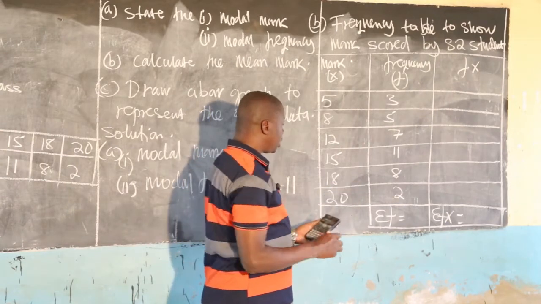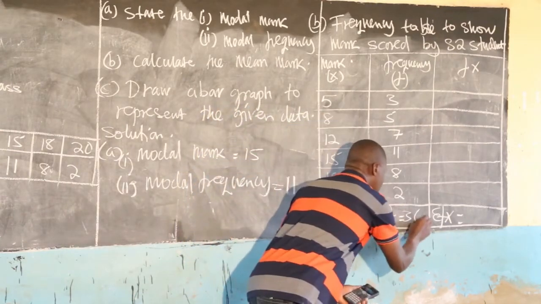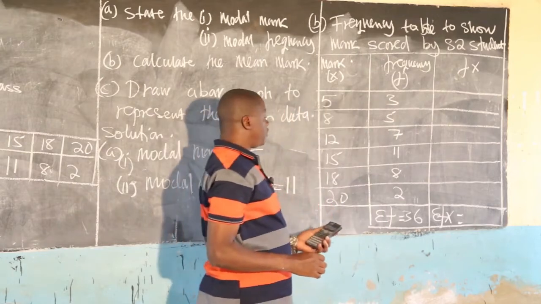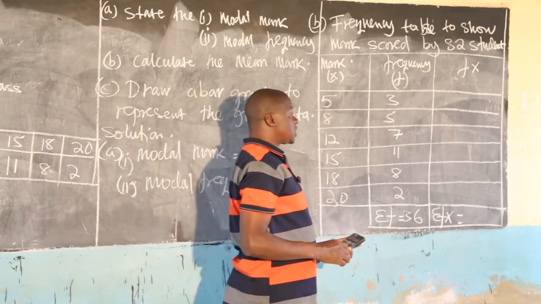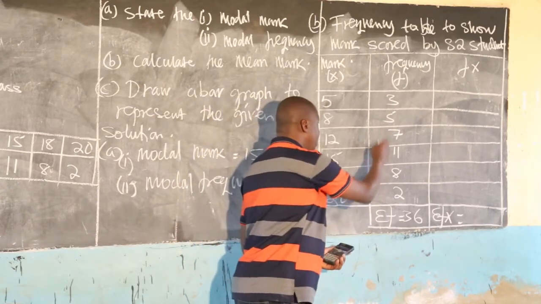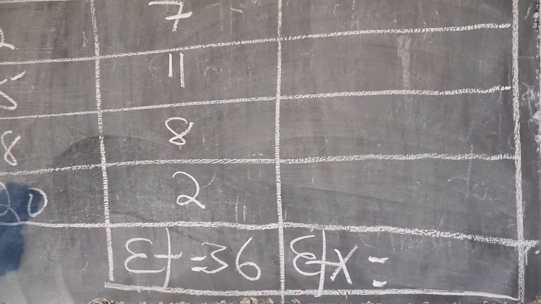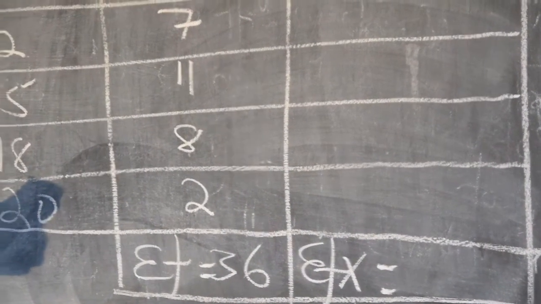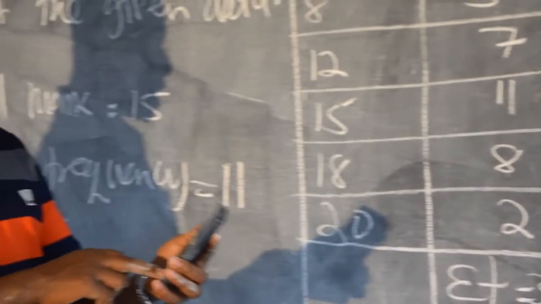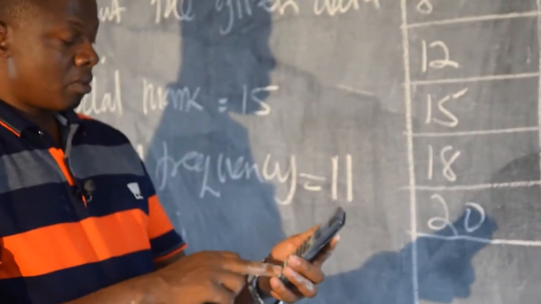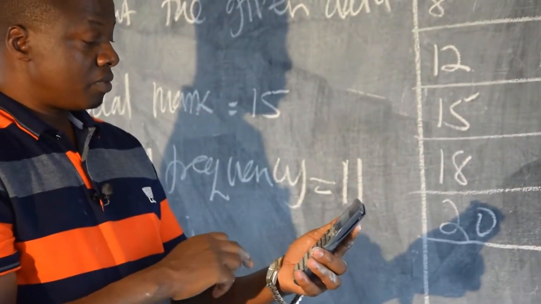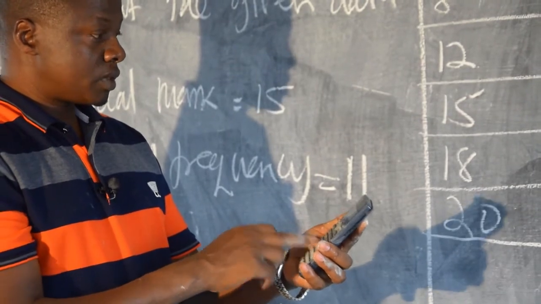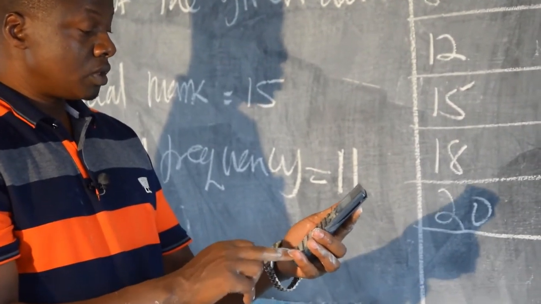Our total is 36. Before you conclude that it is 36, try to add again: 3 plus 5 plus 7 plus 11 plus 8 plus 2.